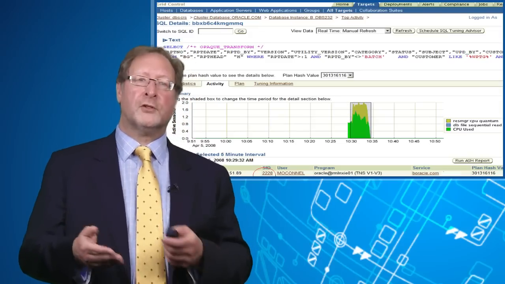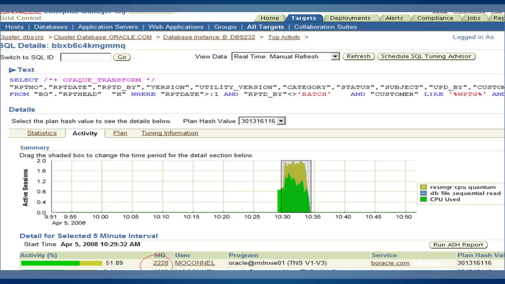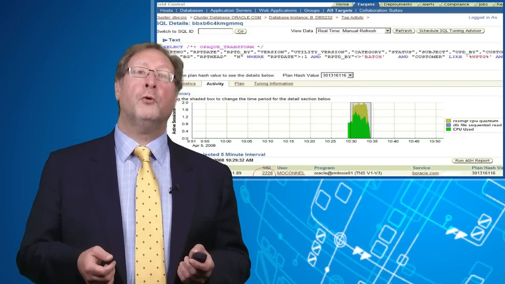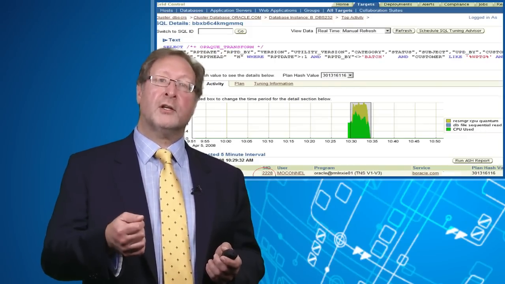And so now you've just doubled the load on the system. And in this case, that was exactly what had happened. The user had aborted, or thought they'd aborted, their initial execution and started a second execution.